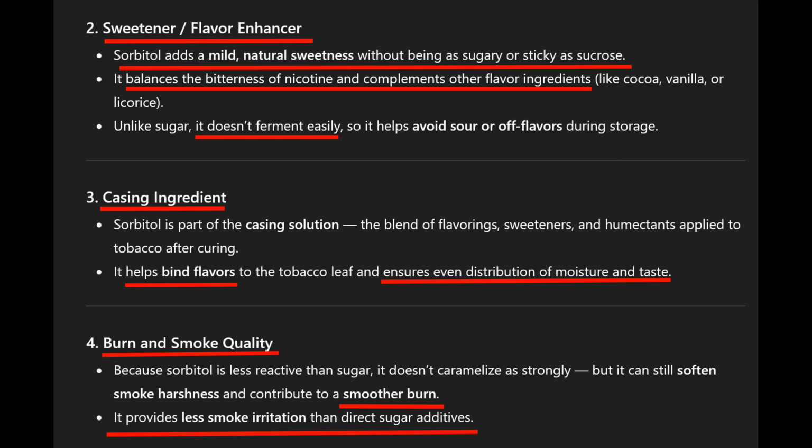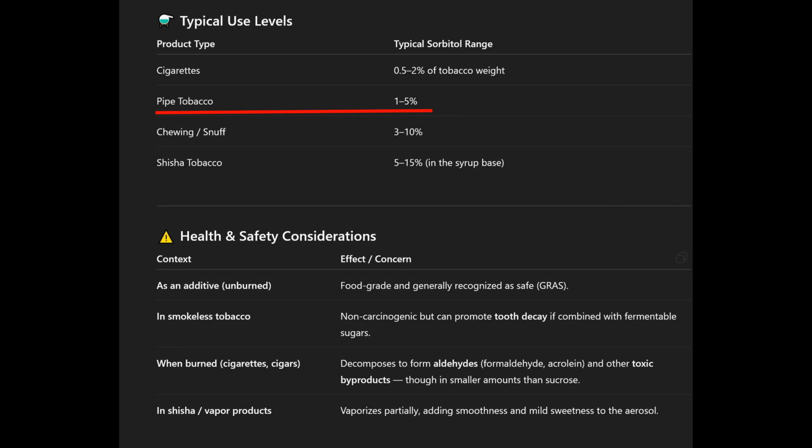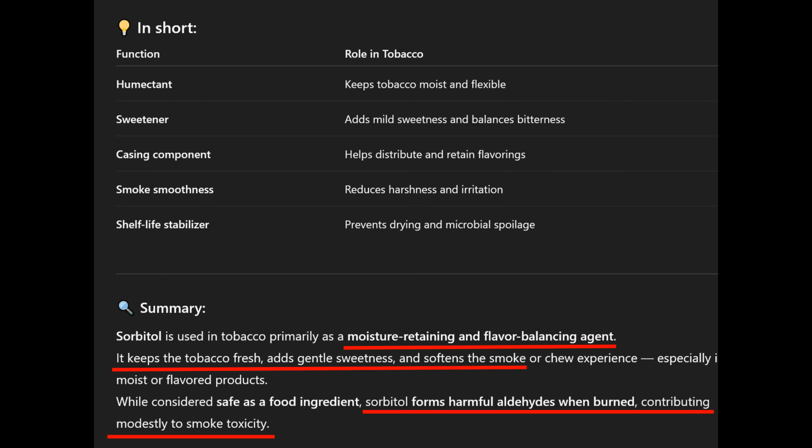Let's get further. So, sorbitol in pipe tobacco is one to 5%. Health and safety considerations, you have them there. We go further. In short, what it is, it's rolling tobacco, and the summary is a moisture retaining and flavor balancing agent.